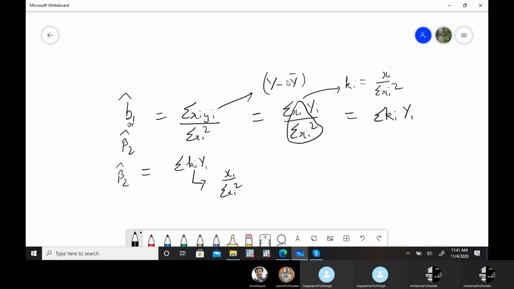So you might have this doubt, where this mean value disappeared. Let's see where this mean value is.